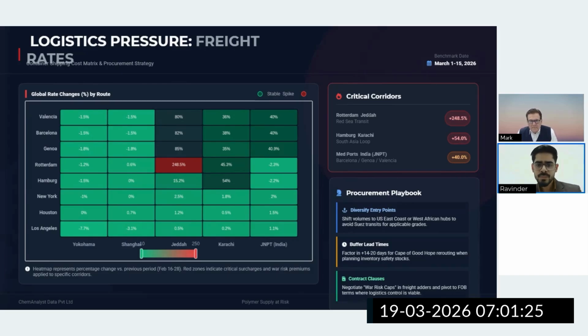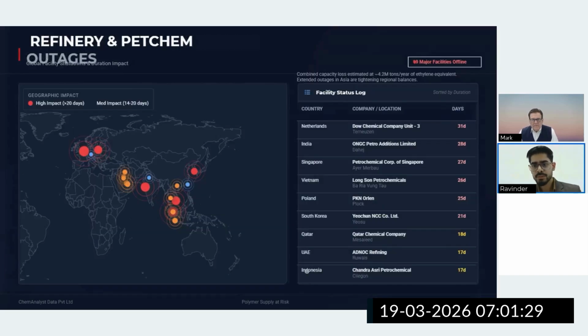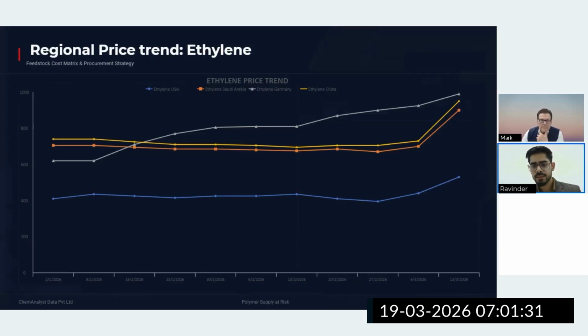Also, when we were talking about the feedstock prices, it shows comparative stability than the other major producing countries. So I think for the current market situation, USA is in a better position than the other countries.